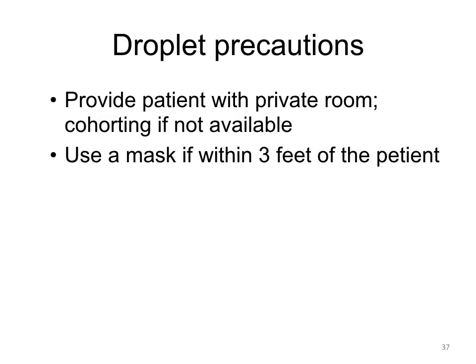Now, droplet precautions involve putting the patient in a private room, or if not, you may cohort similar cases. And the use of a mask if you're going to come within 3 to 6 feet of the patient. The use of a gown or gloves if you're going to come into contact with secretions from a patient is also advised.